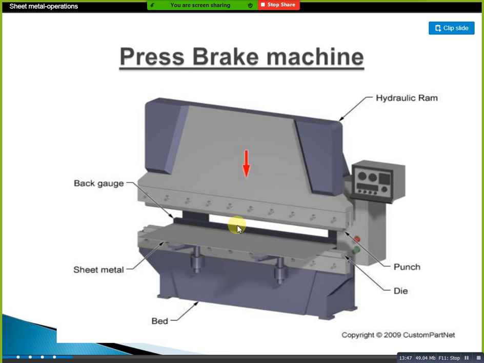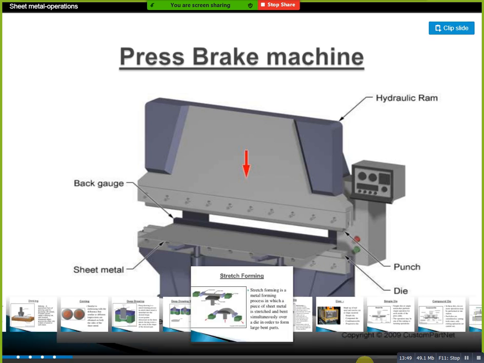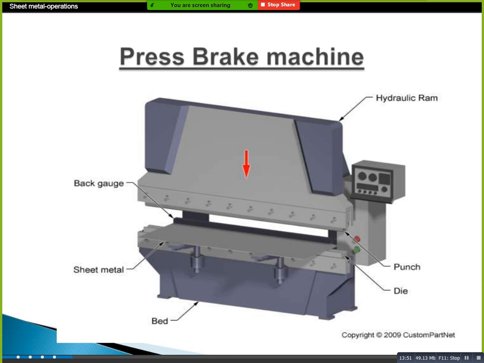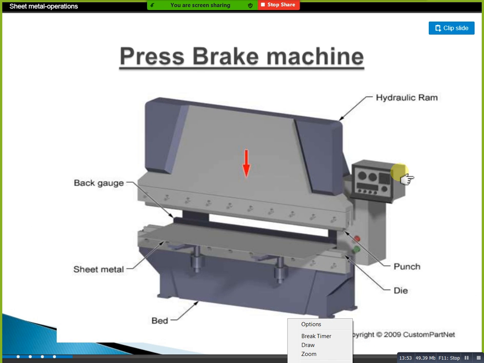For example, you have your punch like this, and here you have your model. Here you mention your sheet. At the same time your model is like this, the bottom condition is like this, and your sheet will come out like this.